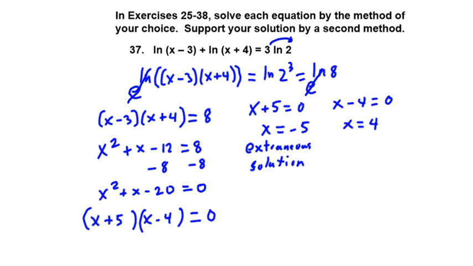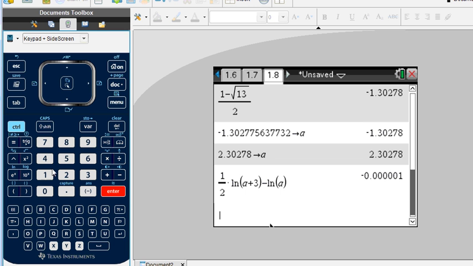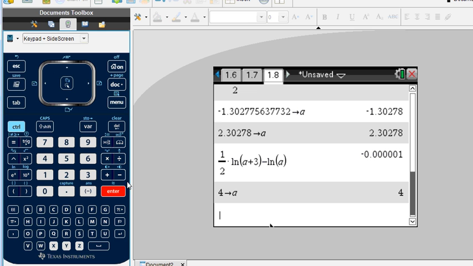So we're going to plug in 4 and see if we get a correct answer. I'm going to store 4 in A. So we have A stored.